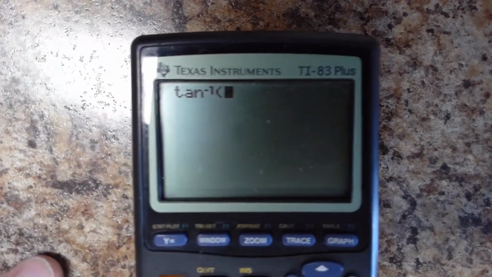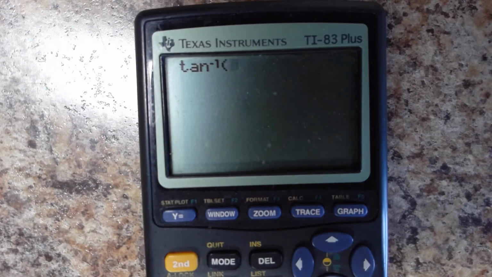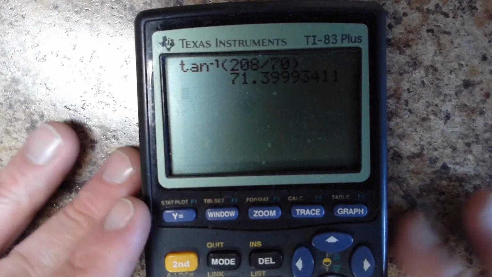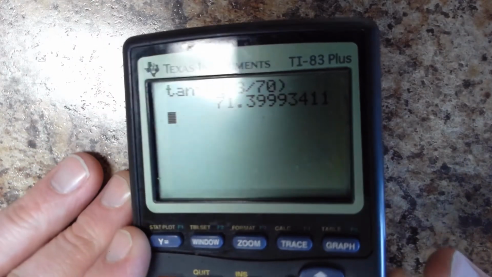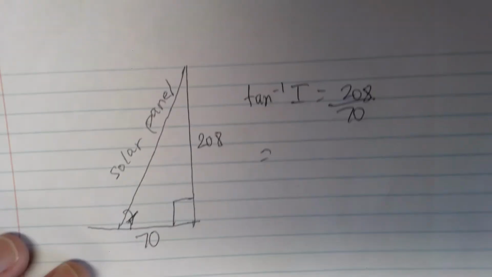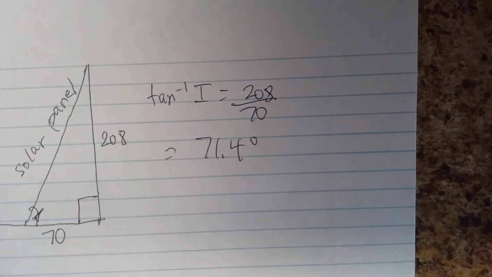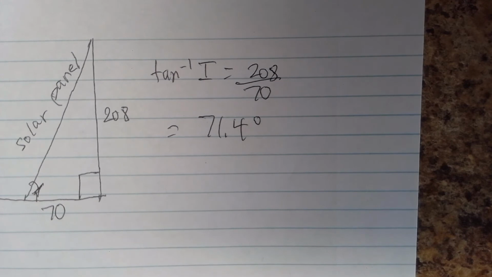I now have tan inverse 208 divided by 70. 71.4 degrees, it says. So this angle, good to go. It's at least 70, it's 71.4, so the design would appear to be good. Or so they say.